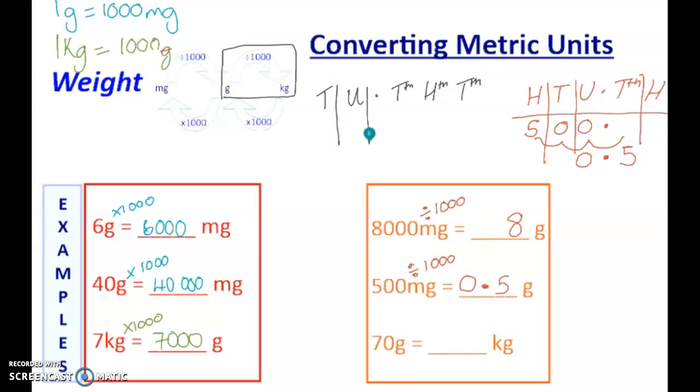And I have the number 70. Just put my decimal point in the right place. And to get from grams to kilograms, I divide by 1,000. So I move everything 3 places to the right. 1, 2, 3. So my 7 ends up here, and there's my decimal point. So I've got point blank 7. I can't have blanks in my numbers, it's mathematically incorrect. So I do place value holders, so a 0 there and a 0 there, to tell me that the answer is 0.07 kilograms.